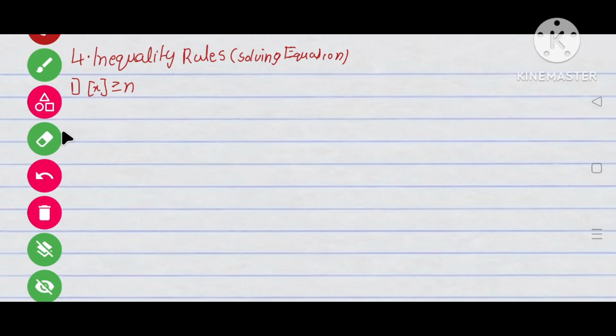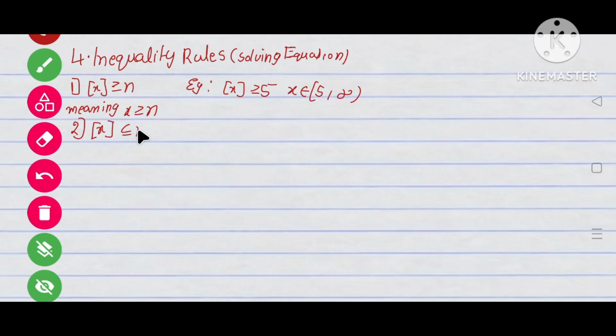So x belongs to n to infinity. Let's go to an example. Step of x is greater than or equal to 5. So x belongs to 5 to infinity. That's all. Step of x is less than or equal to n.